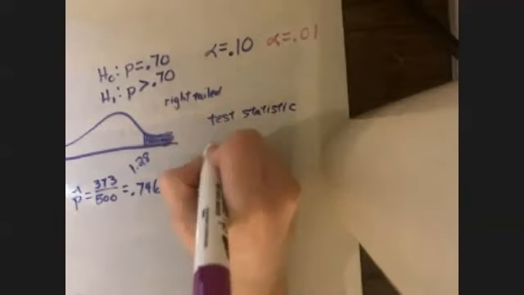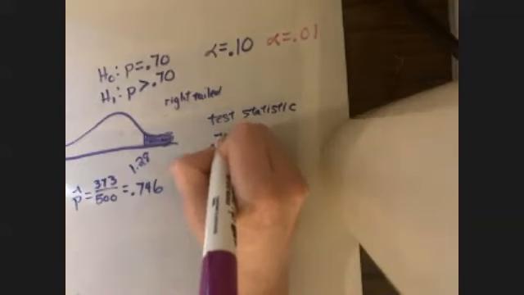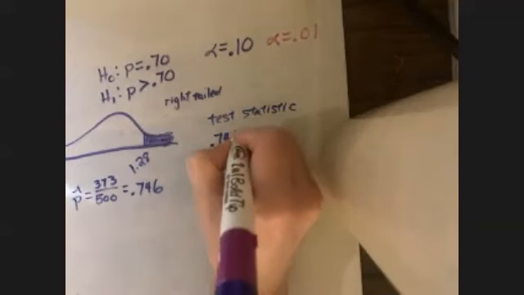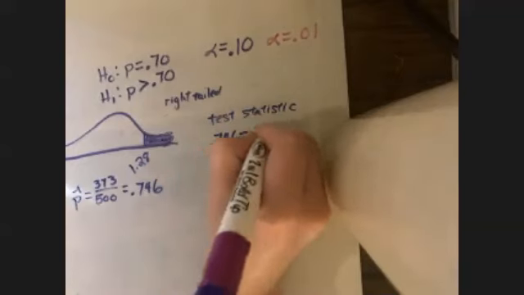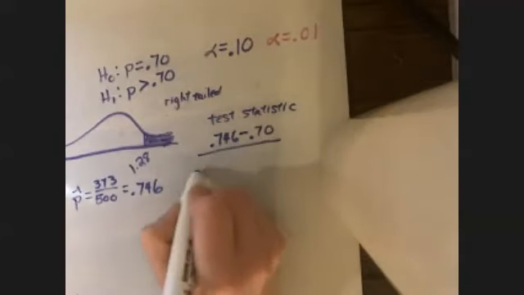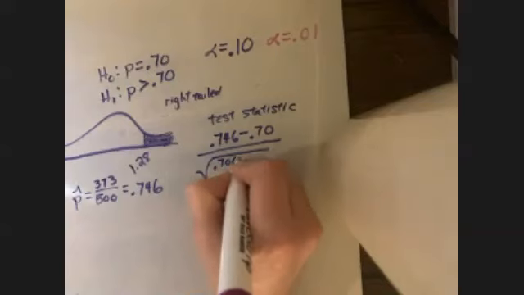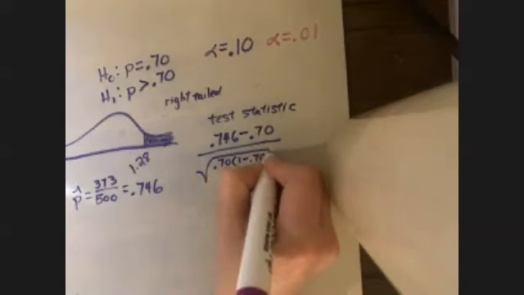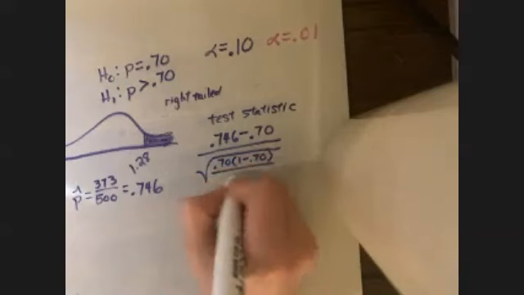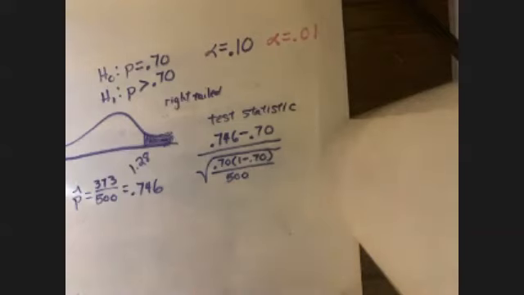So now, finding our test statistic, we're going to do 0.746 minus 0.70 over the square root of 0.70 times 1 minus 0.70, over 500.